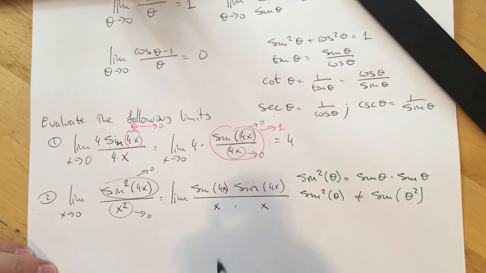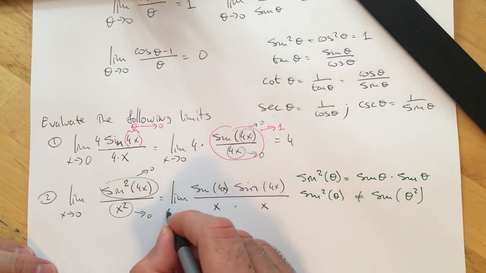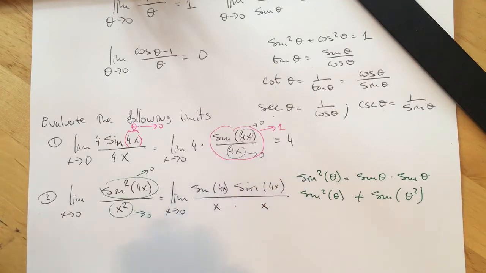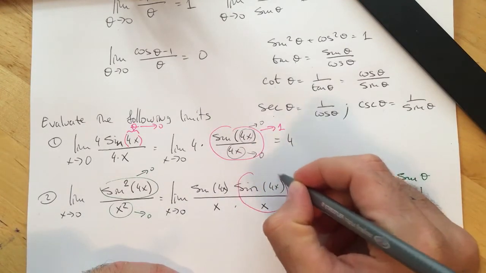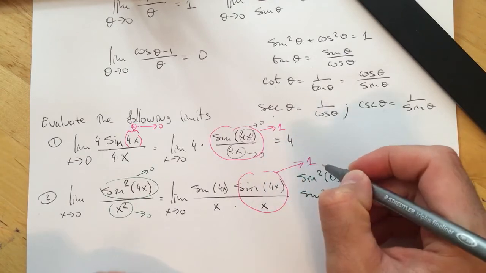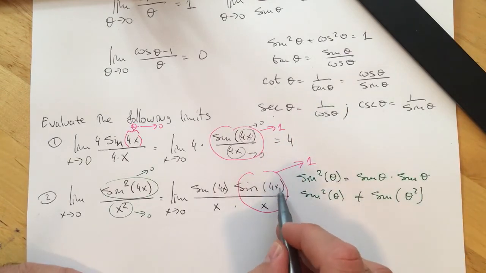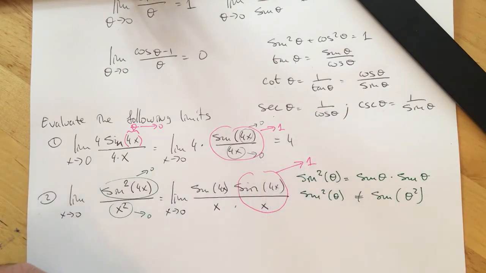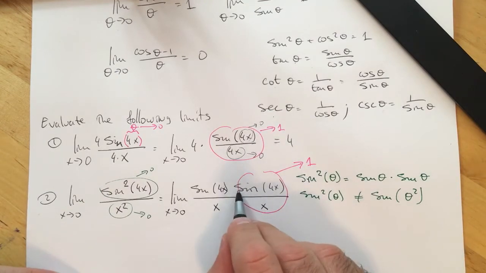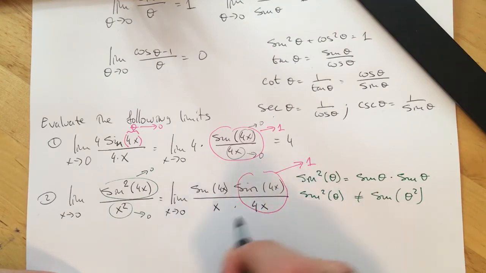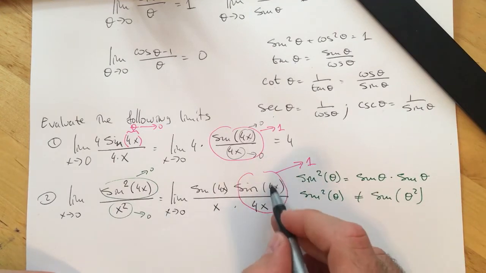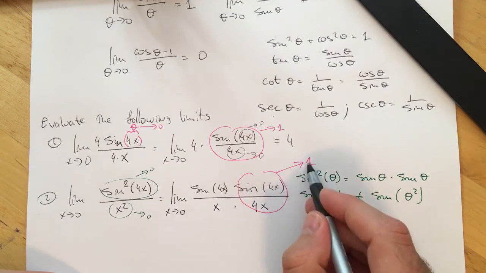If I want this ratio to go to 1 as the angle theta, in our case 4x, goes to 0, I need to divide sine of 4x by 4x. So that means I multiply this x by 4, and now this ratio goes to 1.